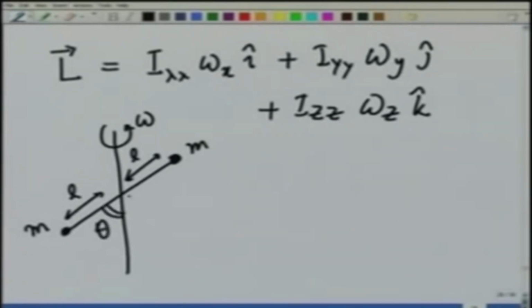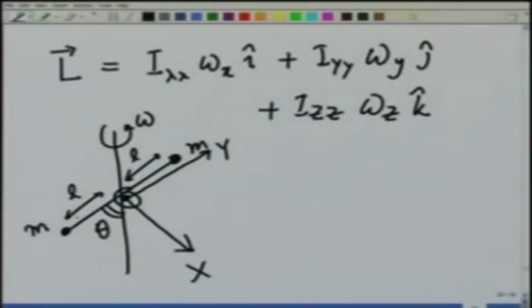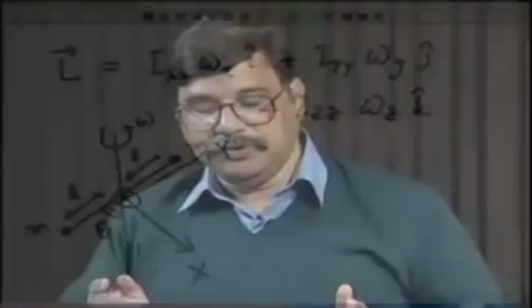Let me take the line perpendicular to it as the x axis, the line along the rod as the y axis, and obviously the line coming out of the screen is going to be the z axis. By symmetry you can see that these are principal axes, because along y the x component is 0, so I x y becomes 0.